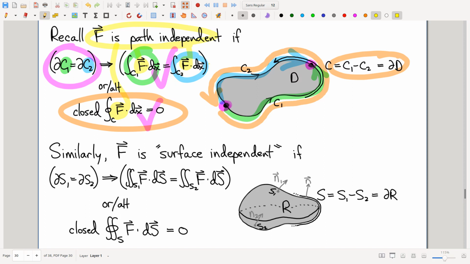With path independence, we were talking about one-dimensional curves with zero-dimensional boundary points. Here I'm going to be talking about two-dimensional surfaces with one-dimensional boundary curves. Other than the dimensional difference, everything goes very analogously.